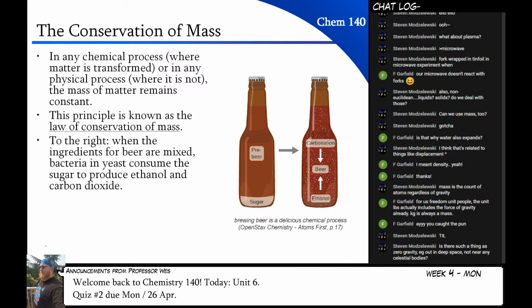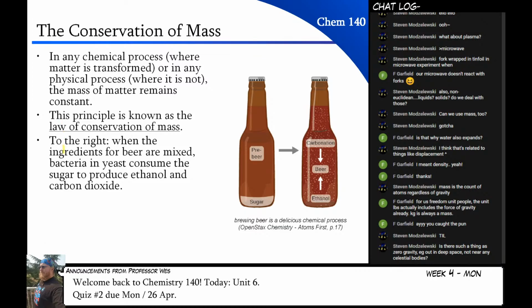All of the matter that's there, though, remains. You can think of it as a jigsaw puzzle. Maybe your jigsaw puzzle is unusual in that you can put it together two different ways. And if you do that, you still have the same number of pieces before and after you do the puzzle, regardless of what outcome you have.